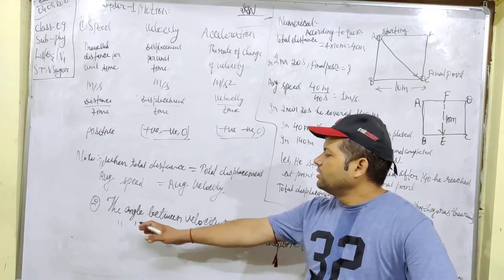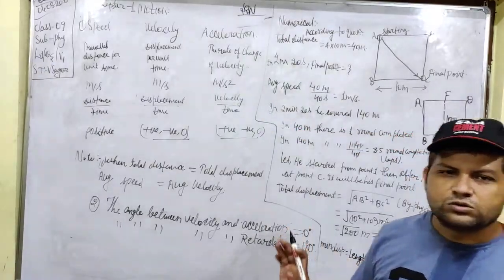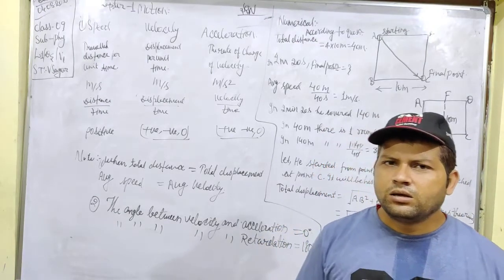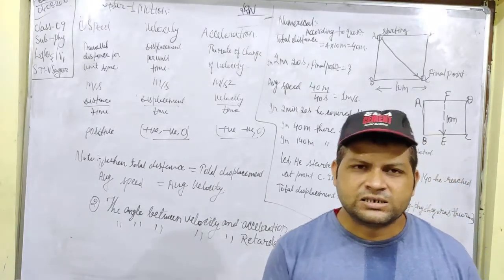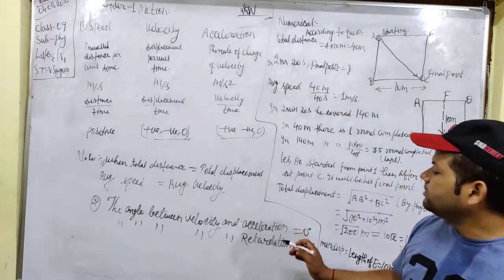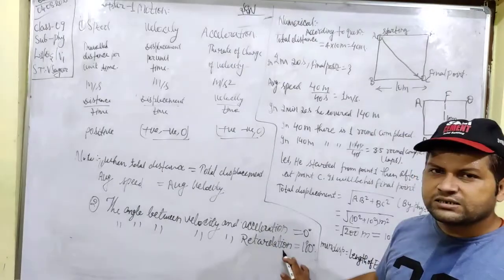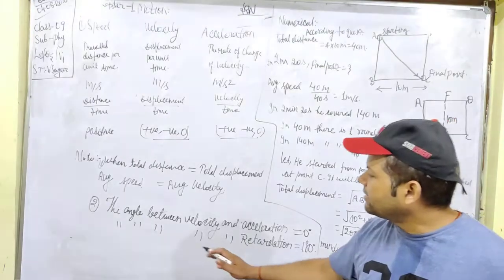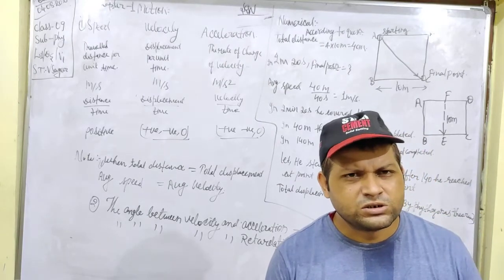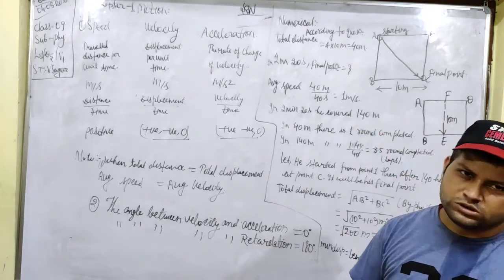And the angle between velocity and acceleration is equal to 0 if the body is moving with increasing acceleration, right? And the angle between velocity and acceleration in the negative direction is called retardation. So we can say that the angle between velocity and retardation will be just opposite, 180 degrees. So these things you have to note.